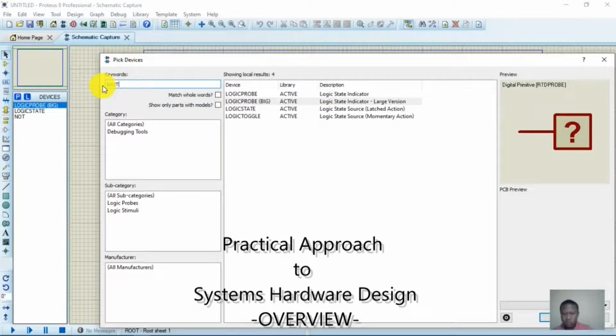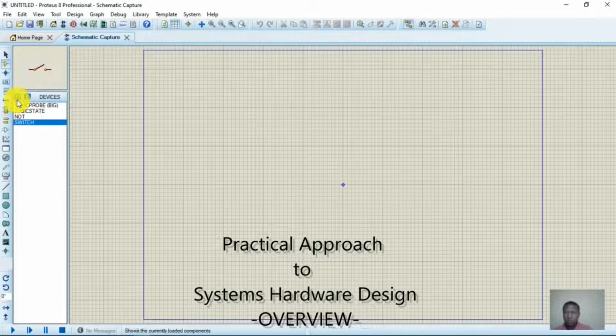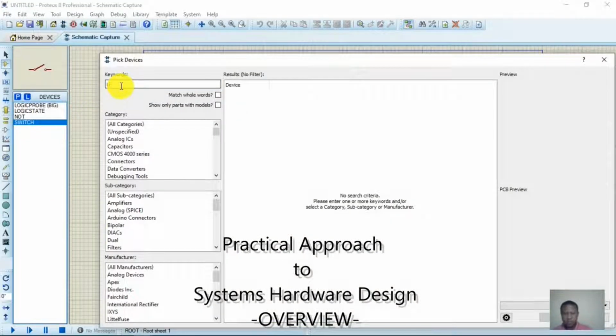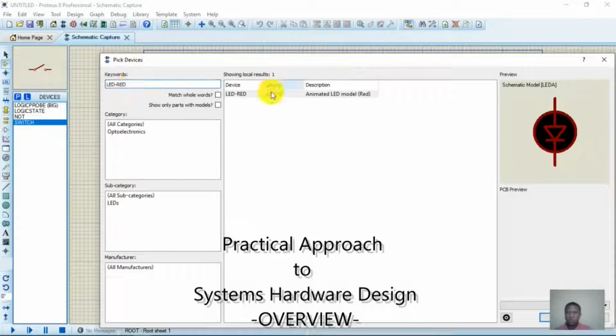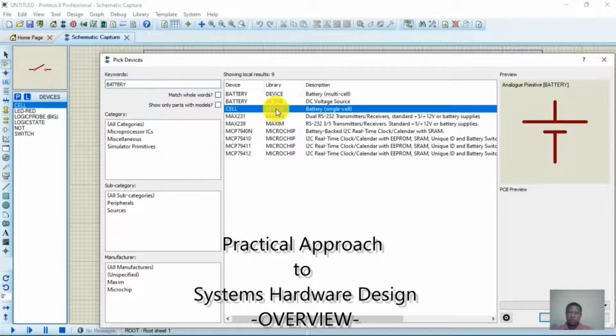Switch. I'll pick a LED again. LED. Red. I'll pick a battery. This single cell battery. So I'm going to work with this now.